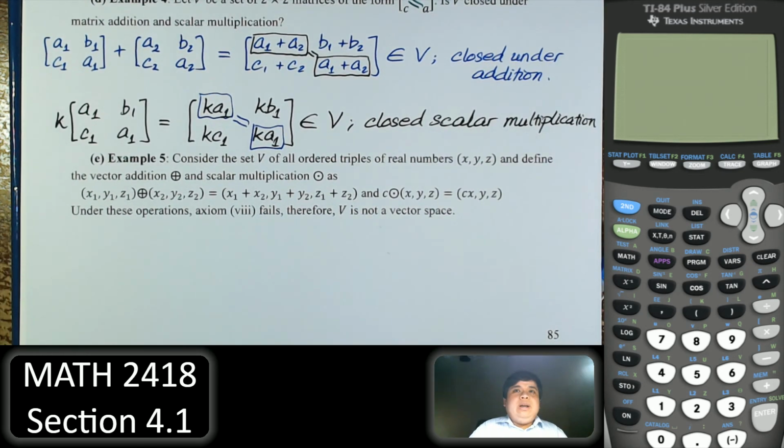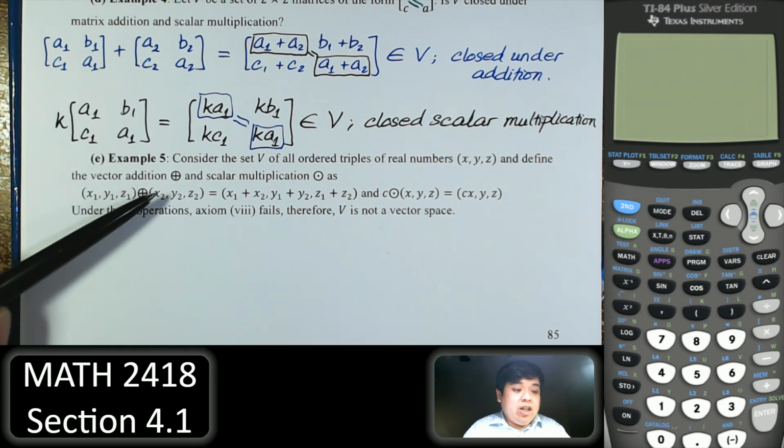Now, I mentioned that when we talk about vector space, it doesn't have to be a vector. It could be anything: polynomial, matrix, or other things. Not only that, the operation we can also define to be something unconventional. For example, we define addition.